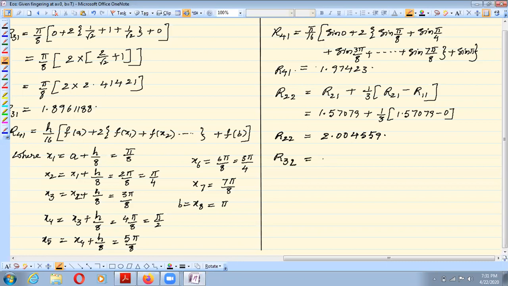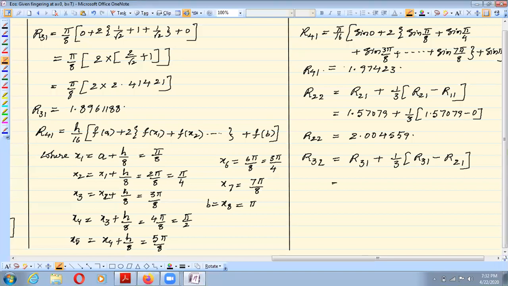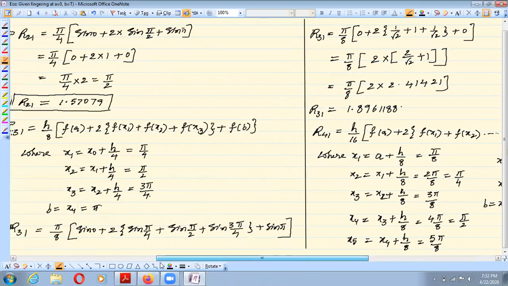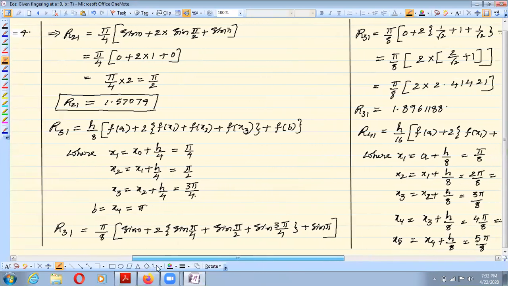Next, R32 is equal to R31 plus 1 by 3 into R31 minus R21. Here, R31 should be 1.89611188 plus 1 by 3 into 1.89611188 minus R21, 1.57079.